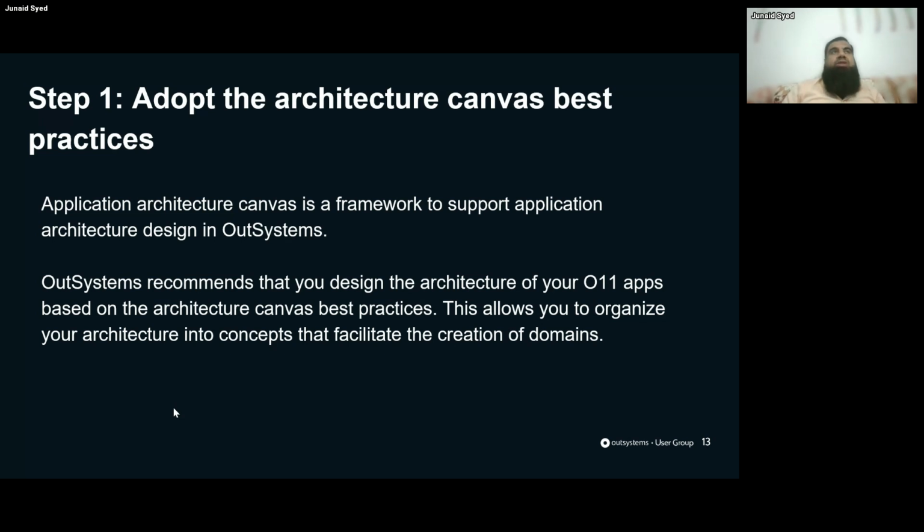The domain is, I would say, the top-level concept when we organize the applications in O11. There could be vertical domains and horizontal domains. And then there are some recommended guidelines on how to make the communication happen between these different domains.